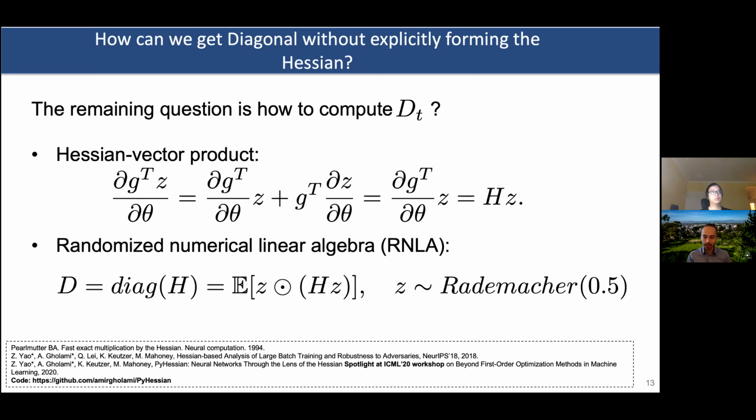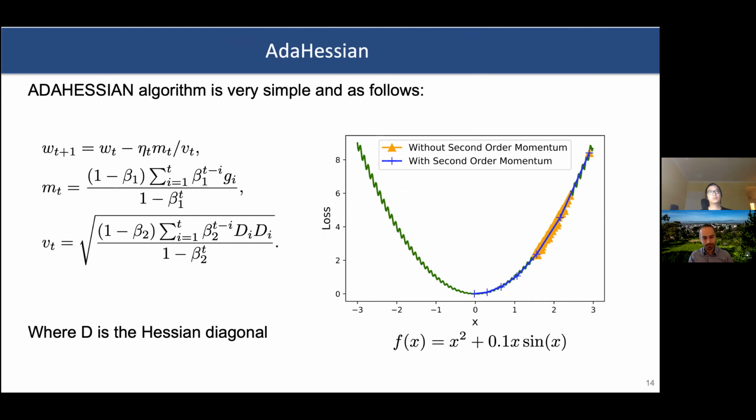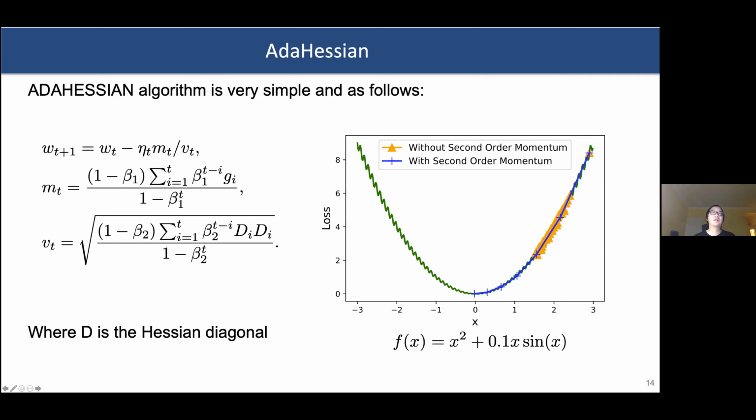So now let me hand it over to Zhewei, who's going to explain the second part of the novelty, which is the momentum. Zhewei? Yeah, thanks for Amir's introduction. As Amir mentioned a couple of times, we use the same formula as Adam, and we know the most important things for Adam are the adaptive learning rate part and also the moving average.